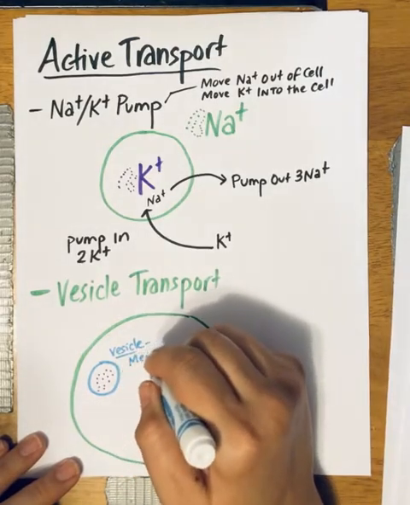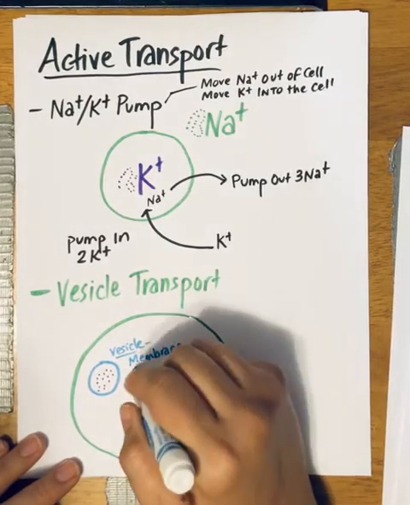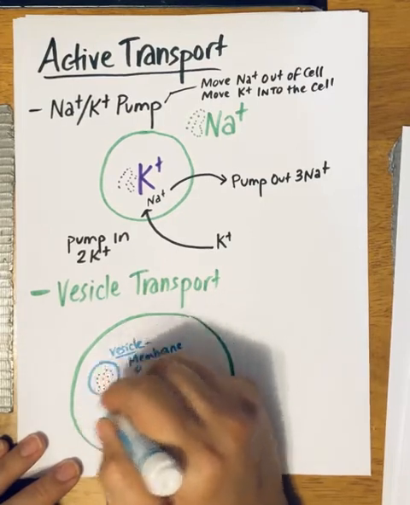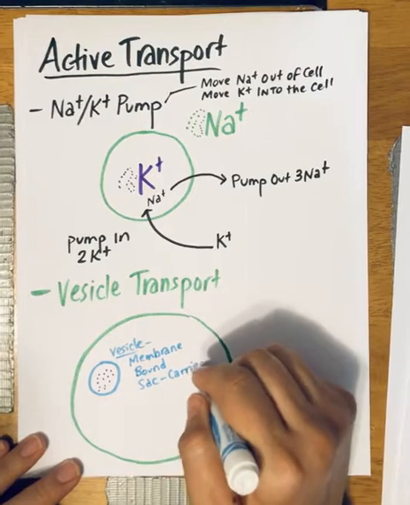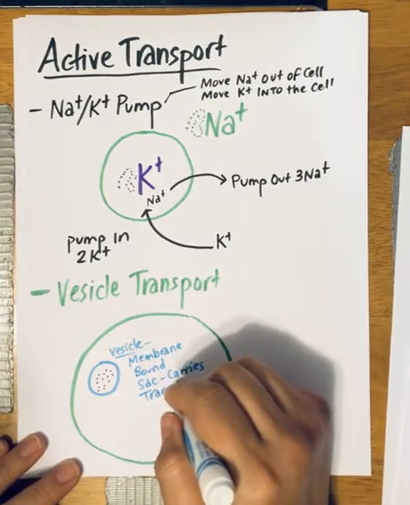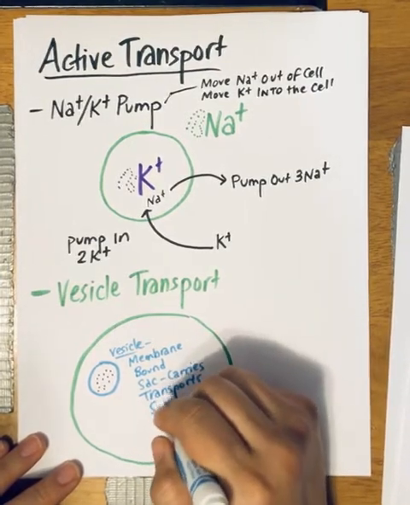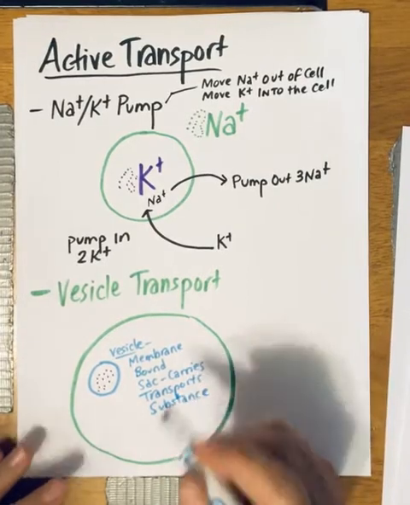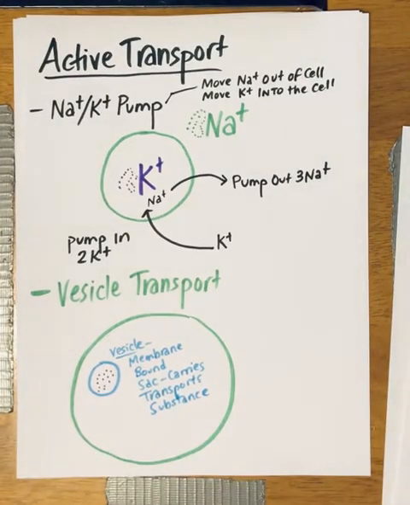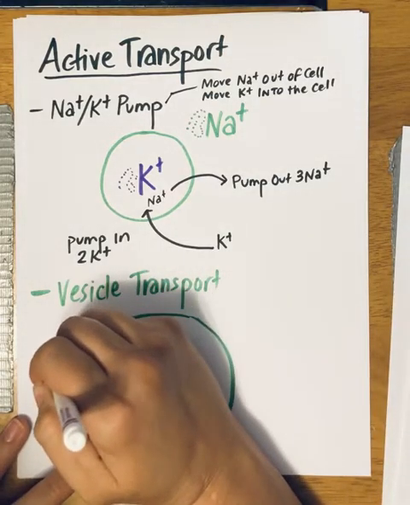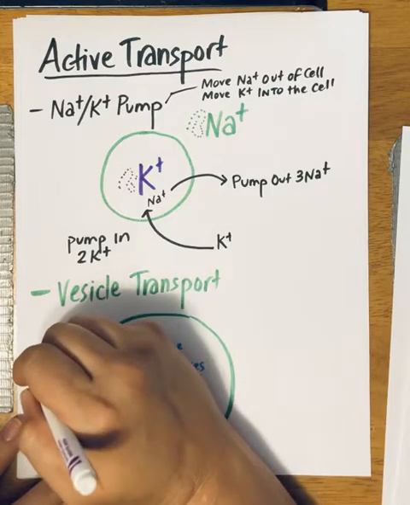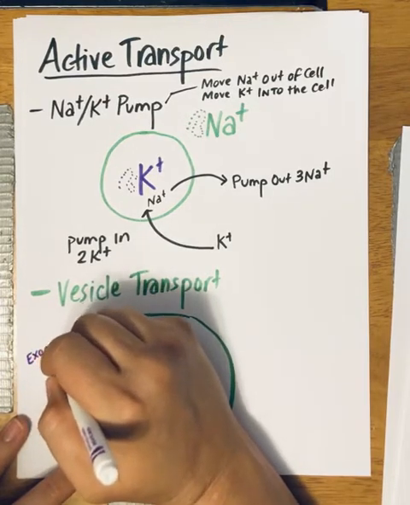So this is a vesicle. It is a membrane-bound sac, which means it has a membrane in it. It carries or transports substances. Now, a vesicle can release its substance out. So if this travels to the plasma membrane and it releases it, this is exocytosis.